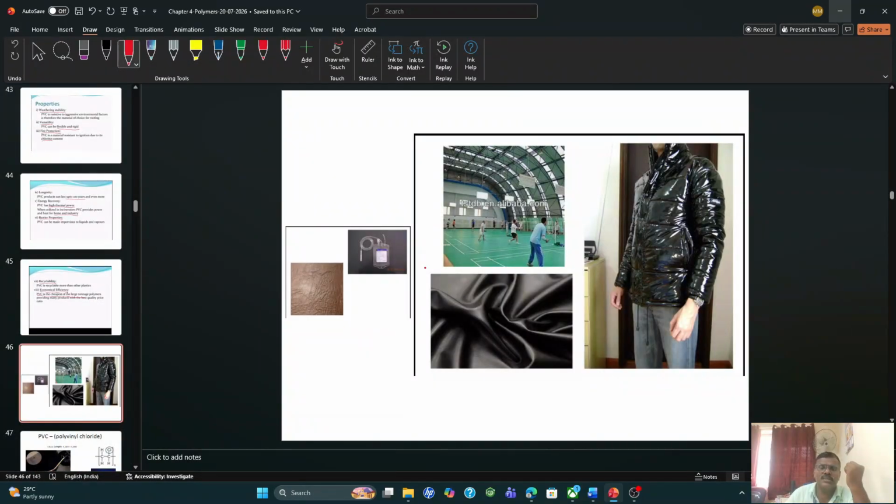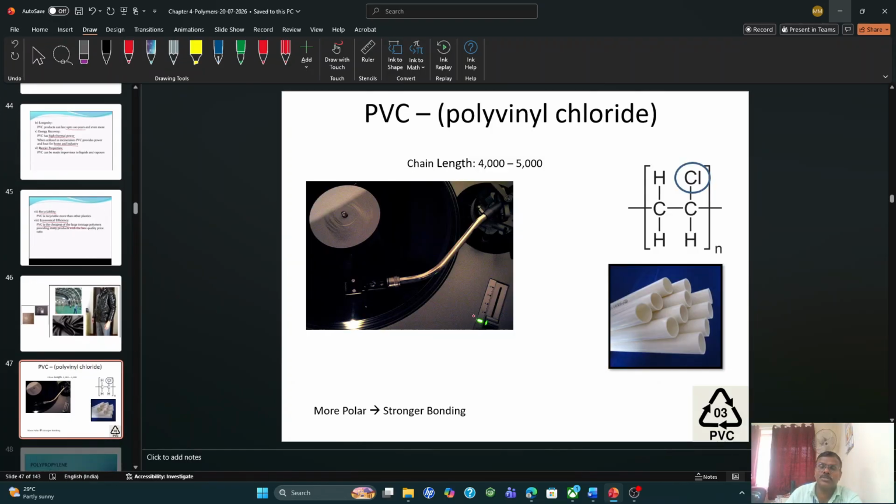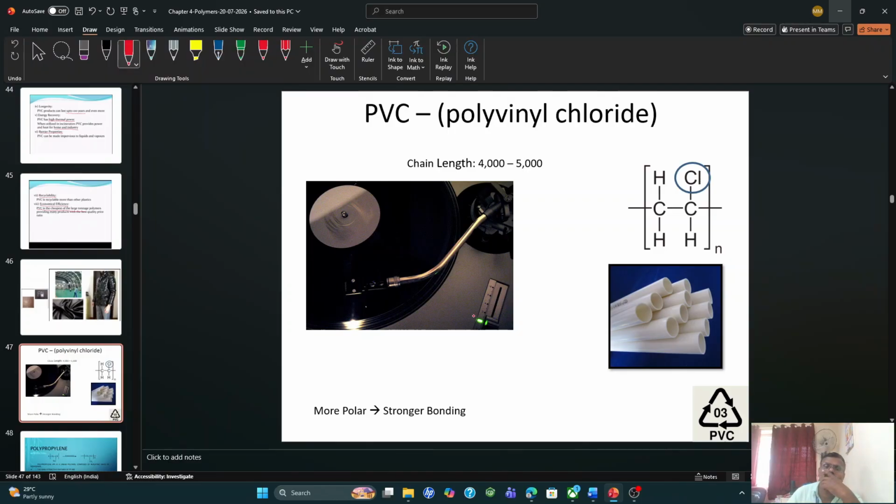You can see here PVC used for flooring in indoor game stadiums, leather jackets, and also pipes and bedspreads. These are some other images of PVC materials. This is the molecular formula of PVC.